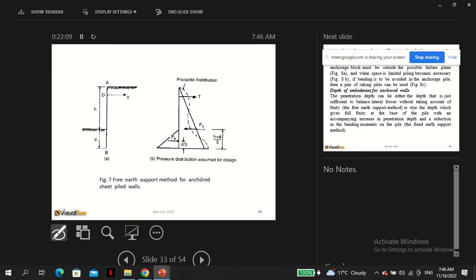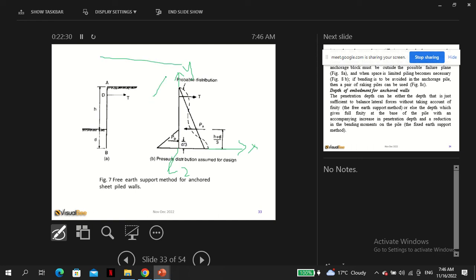So the anchors, remember there is a length in this direction. Don't forget that this is y, this is x. There's a length in the z direction. So if you are to take the z direction, this is the length.